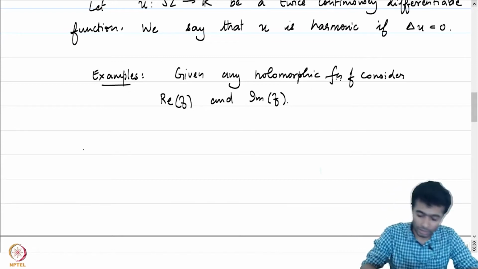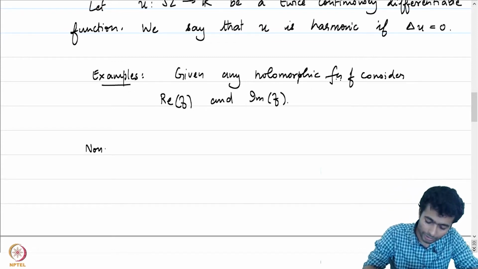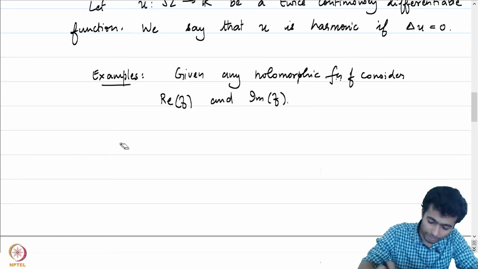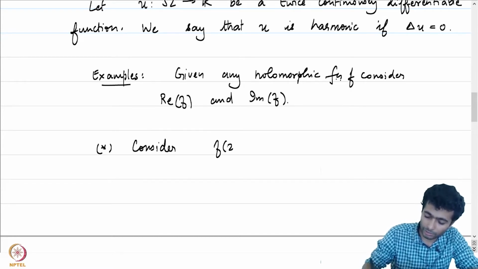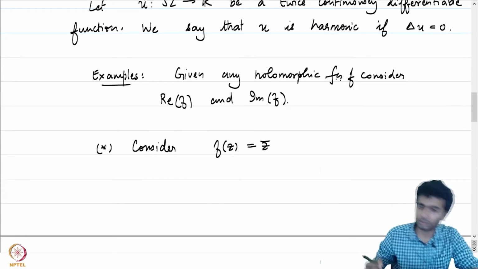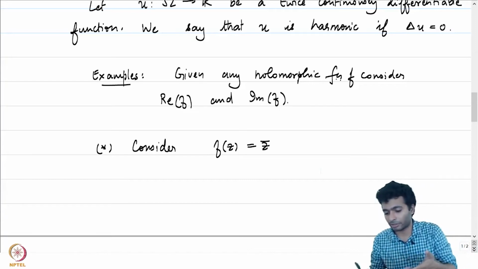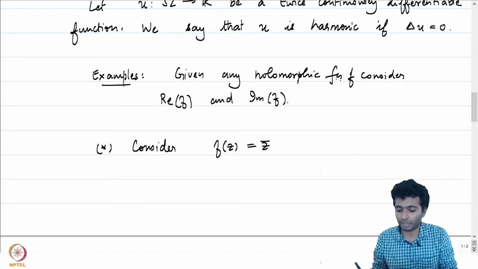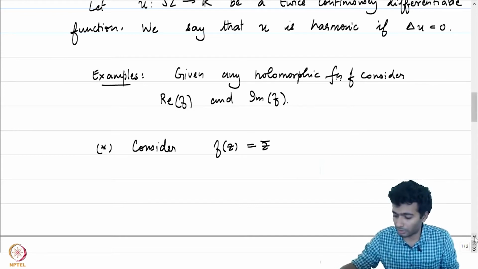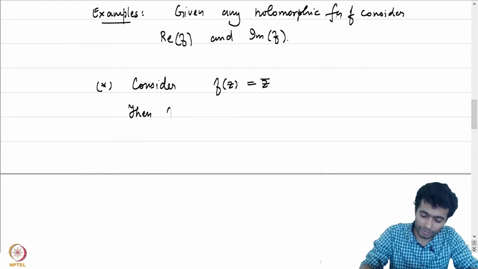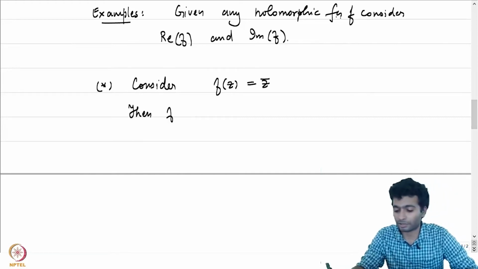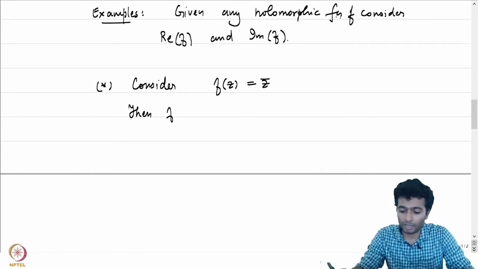That can also happen. Consider f of z is equal to z bar. This is a harmonic function. If you notice, the Laplacian of the real and the imaginary part both are 0, so this is certainly a harmonic function. But we have already noted that the Cauchy-Riemann equations are not satisfied anywhere.